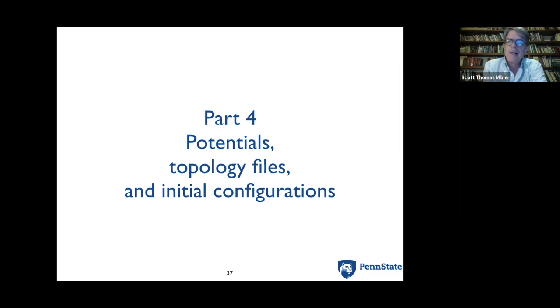And finally, initial configurations, which I alluded to the fact that sometimes they're a little bit tricky to build because it's rather hard to build a realistic, densely packed, but not very well ordered structure. And so how do you do that? And the answer is you don't. You do it some other way.